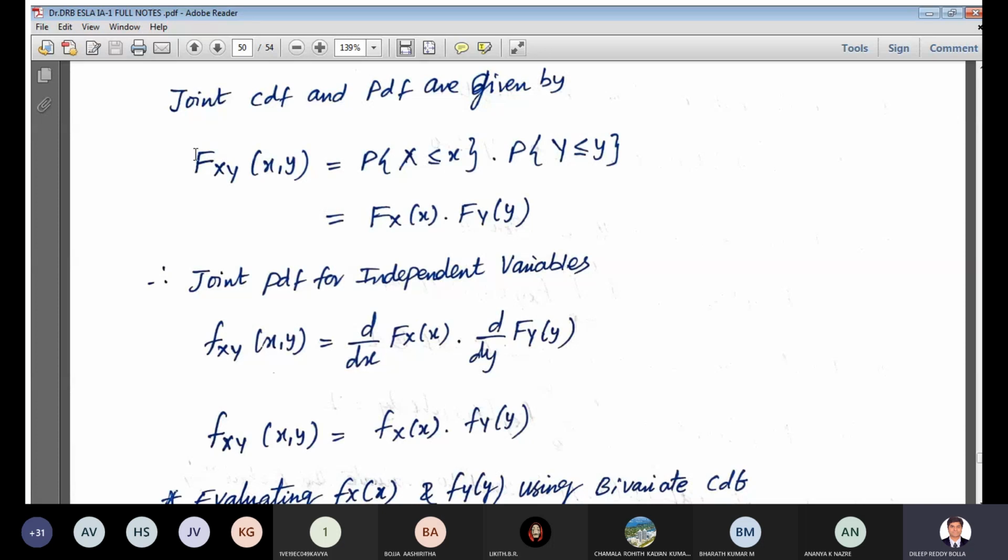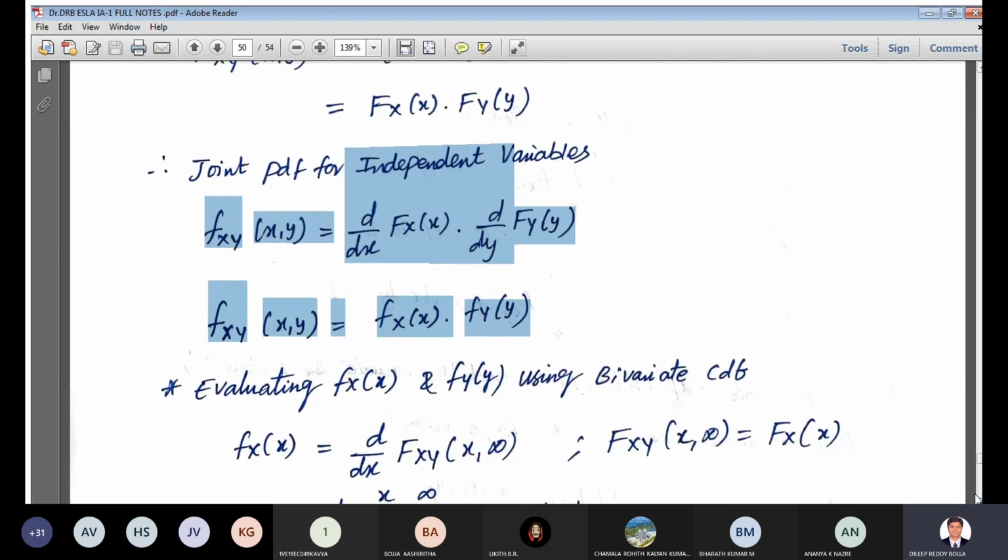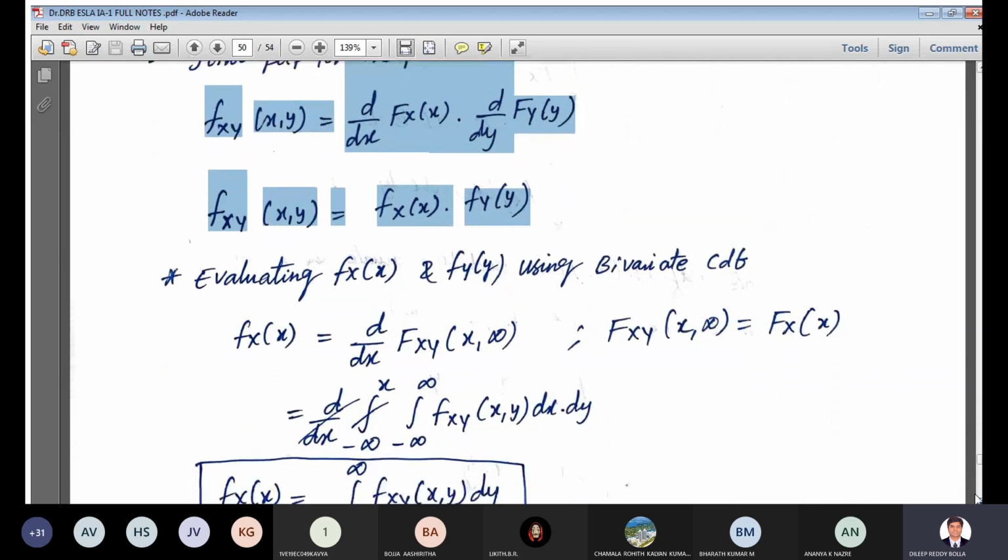So this portion is telling us that if the x value and y value are independent, then we can find the CDF like this. Similarly, if they are independent, we can find the PDF like this, for a bivariate.